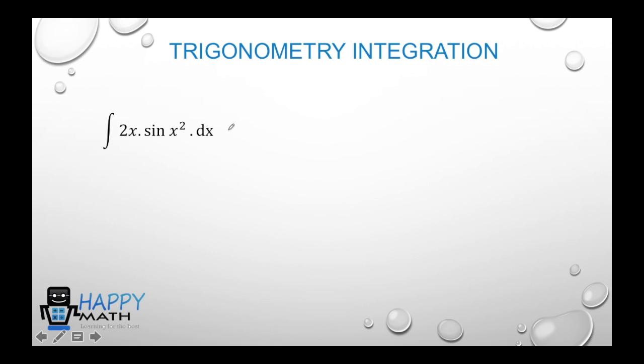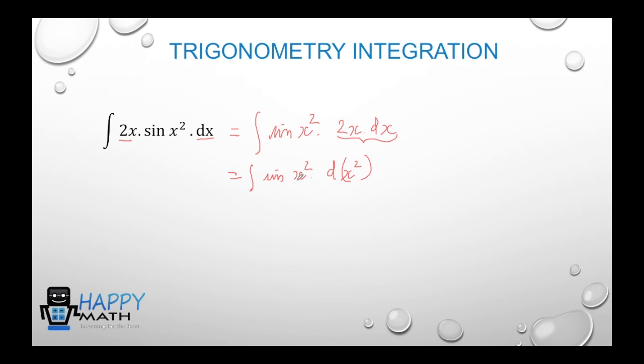With this function, you saw that the main function of the sine is x squared. So I have to change dx to d of x squared. You find 2x outside of the derivative, so first I have to move 2x inside of the derivative, and it becomes d of x squared.